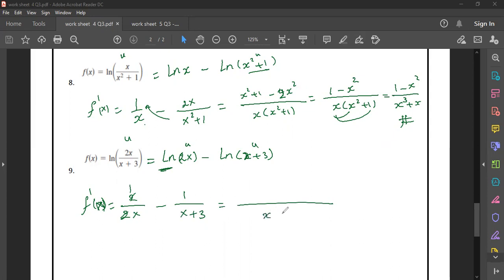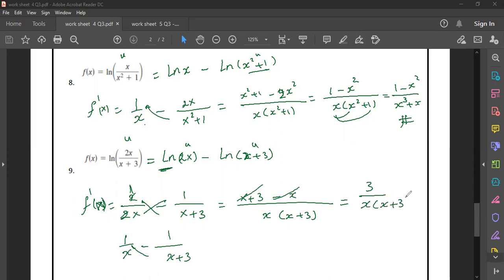Simplify it, I multiply x plus 3. What is the numerator? Multiply here, to avoid any confusion, okay? It will be x plus 3 minus x. Cancel. So it will be 3 over x multiplied by x plus 3.